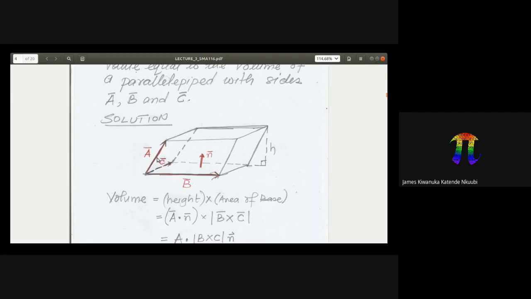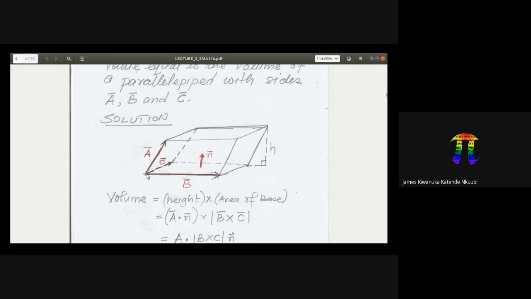Here we have assumed that these 3 vectors, A, B, and C, form a right-handed system. That means if you point your right-hand fingers from B towards C, then the thumb will point in the direction of A. So these 3 form a right-handed system.